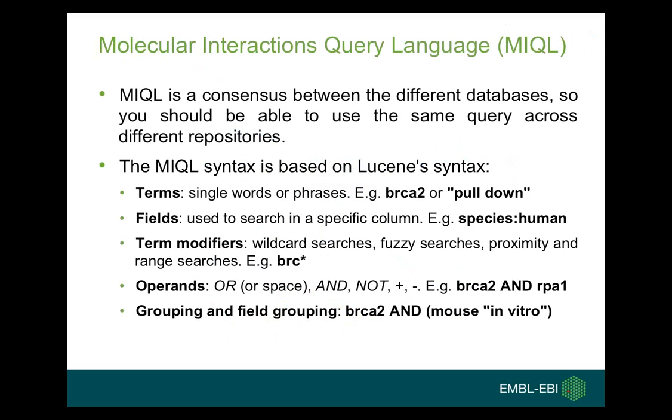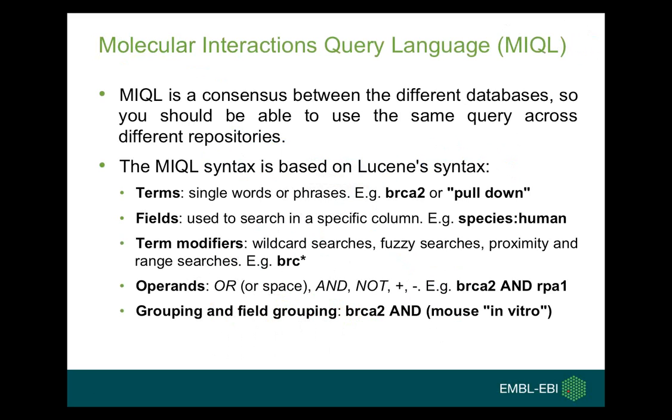Well, it's based on Lucene's syntax. If you have ever used Apache Solr, Elasticsearch, or something like that, as a search engine, you will be familiar with the syntax. It's not really hard to get. It's quite simple. We have something called terms.